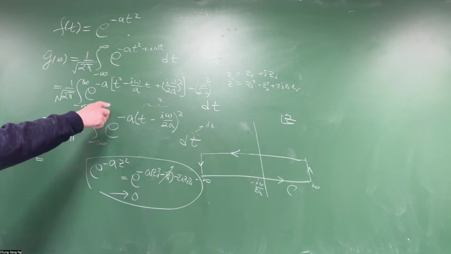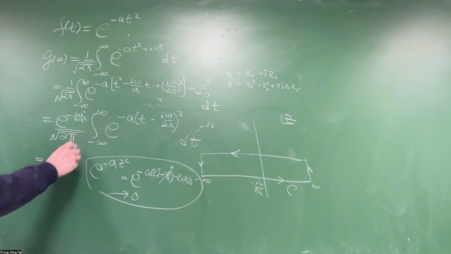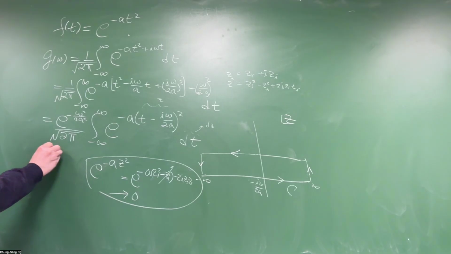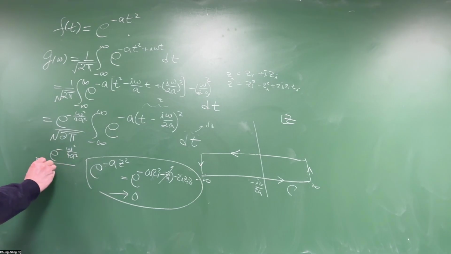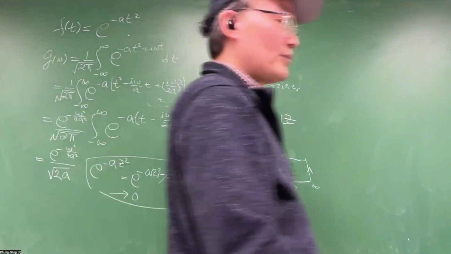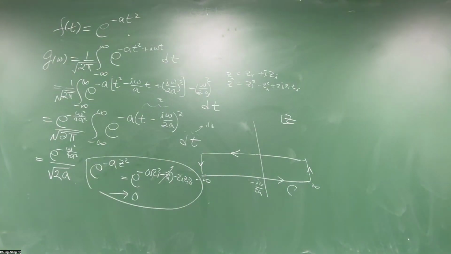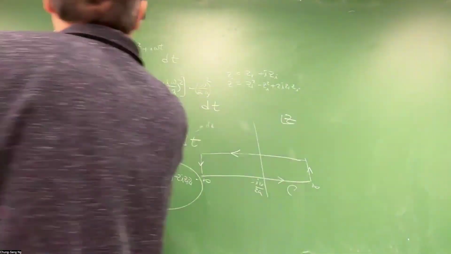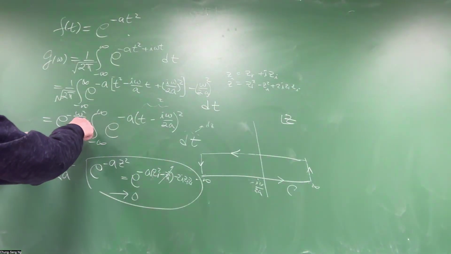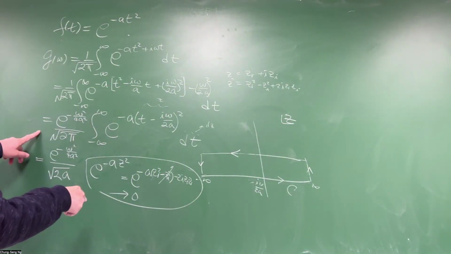This is the Gaussian: square root of pi over a, times e to the minus omega squared over 4a, squared, times square root of 2a. Right, that should be the answer. Why didn't I get the 4? Shouldn't we multiply the second digit also with that?